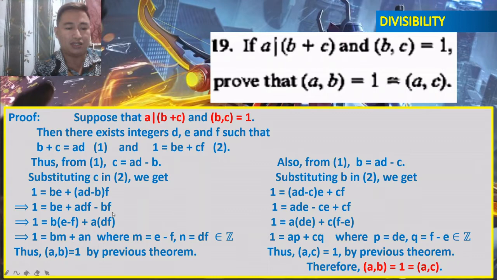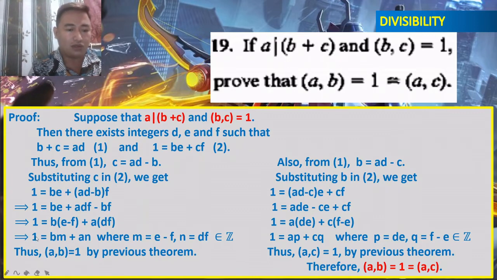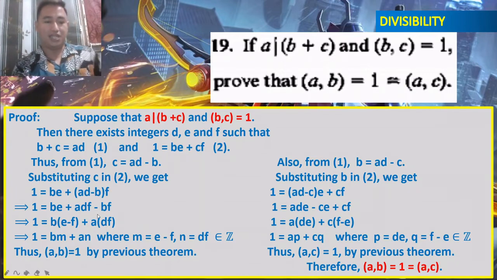Next, it implies that 1 is equal to B times, since it is B here, class, B times (E minus F) plus A times DF. So it implies that 1 is equal to BM plus AN, where M is E minus F and N is equal to DF, elements of the integers.